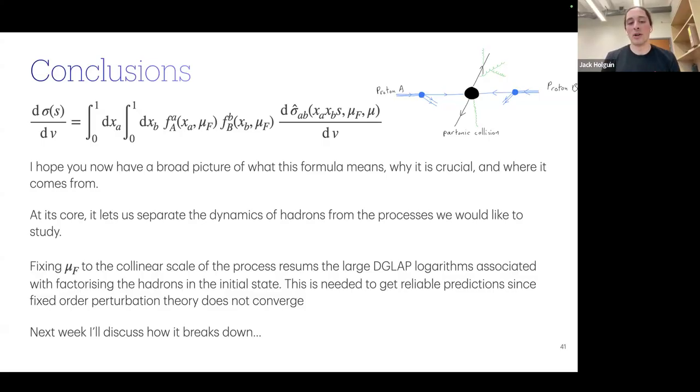And fixing this mu F is how we do that resummation. As I said on the previous slide, next week I will discuss how this can all actually break down in the end when you go to fourth order in alpha S for some observables. So thank you.